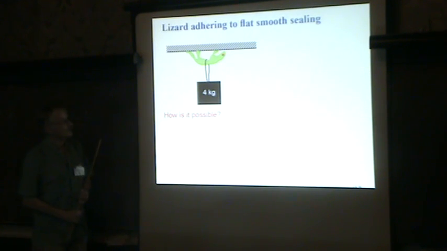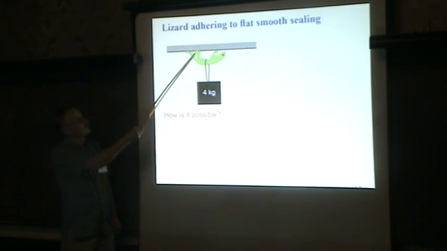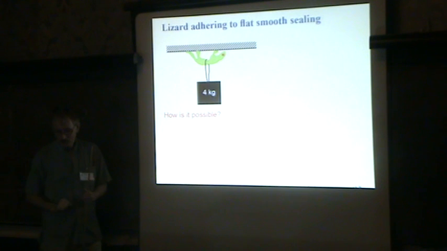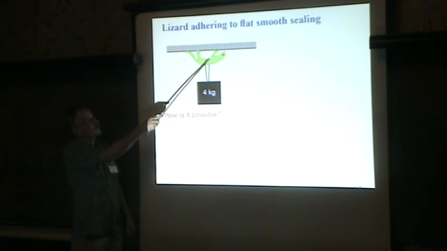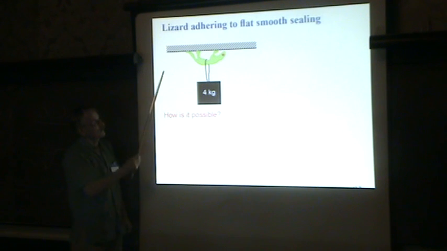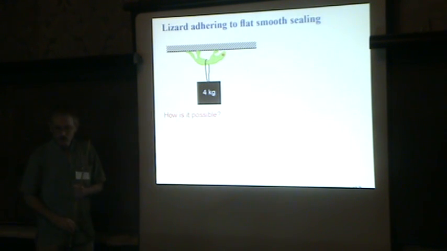And not only to make contact, but there is some requirement where you show that you can load a lizard with 4 kilograms and it can still keep itself, if everything is perfect, with a flat surface. The reason you have this overbinding, sort of, is that the lizard doesn't need to attach to a perfectly smooth surface. It needs to run on a stone wall. The stone wall has a lot of roughness.